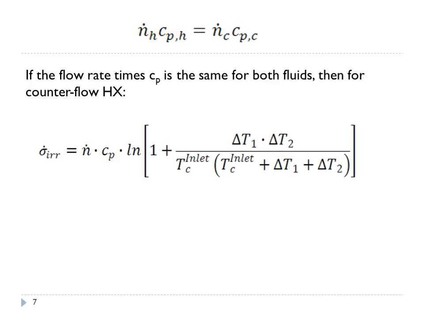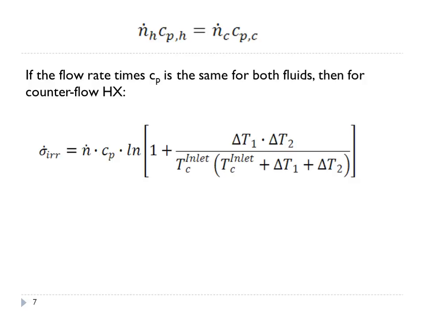What you can see here is that exergy destruction is going to go up. Notice that the amount of heat transferred would be equal to n dot times C sub P times delta T2. So exergy destruction is going to be equal to the amount of heat transferred times the gradient, divided by the temperatures on the inlet side.